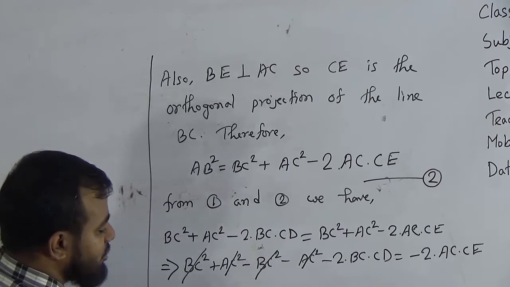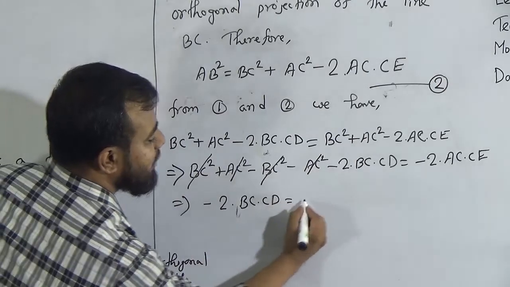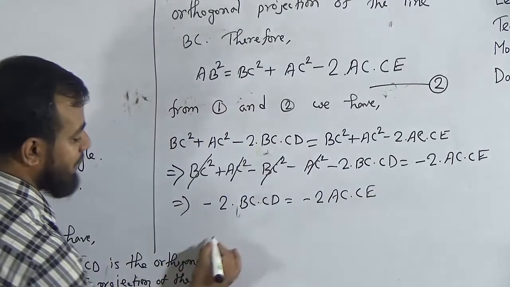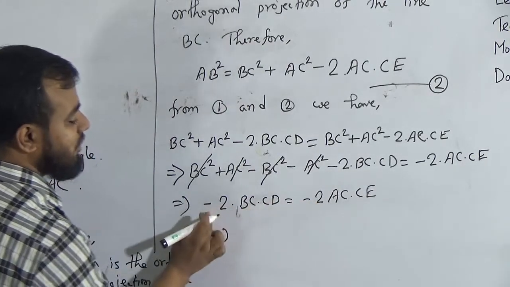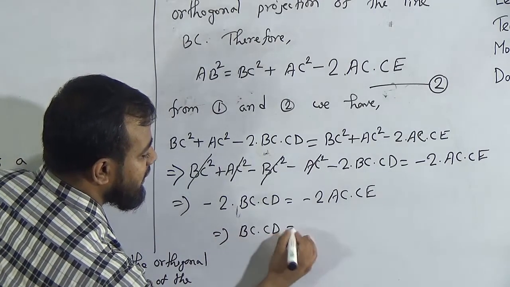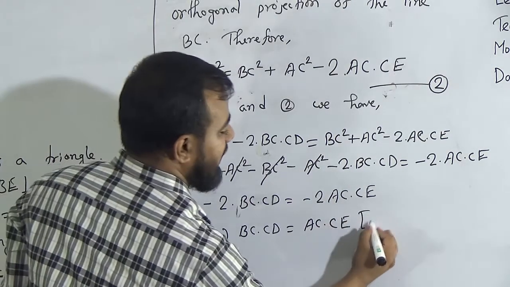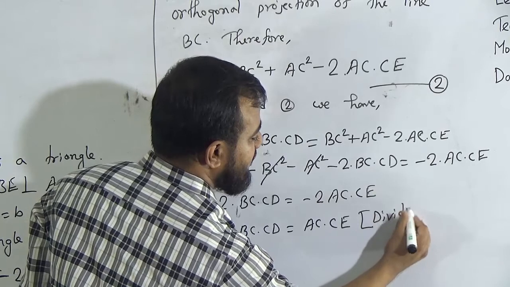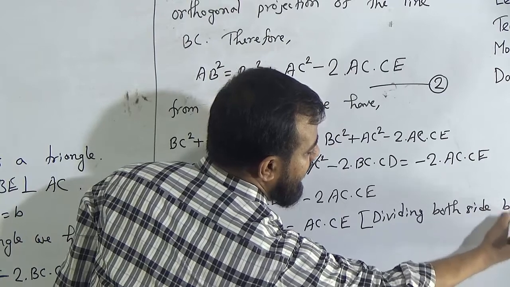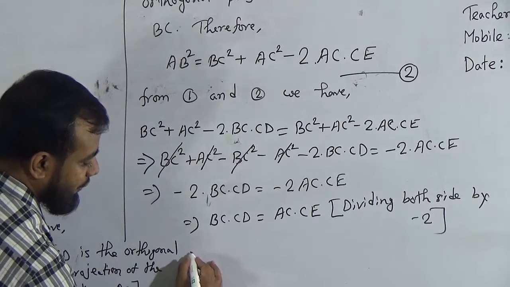We have only minus 2 into BC into CD, that's equal to minus 2 into AC into CE. Now if we divide both sides by minus 2, these minus 2's will vanish. We will have BC into CD, that's equal to AC into CE.